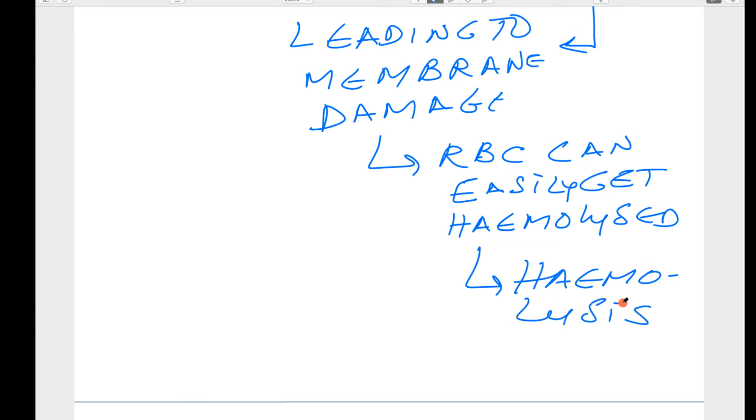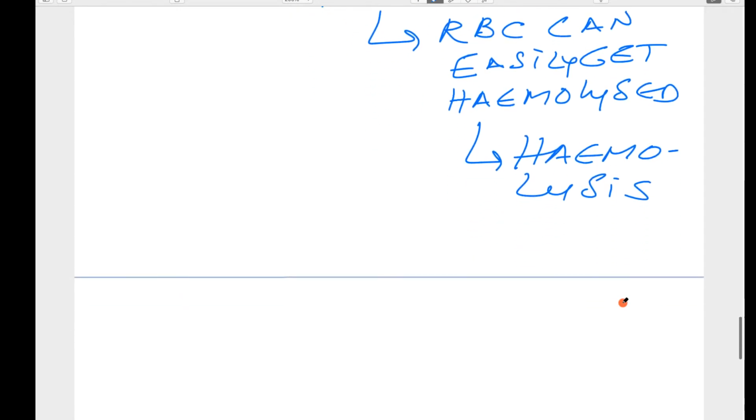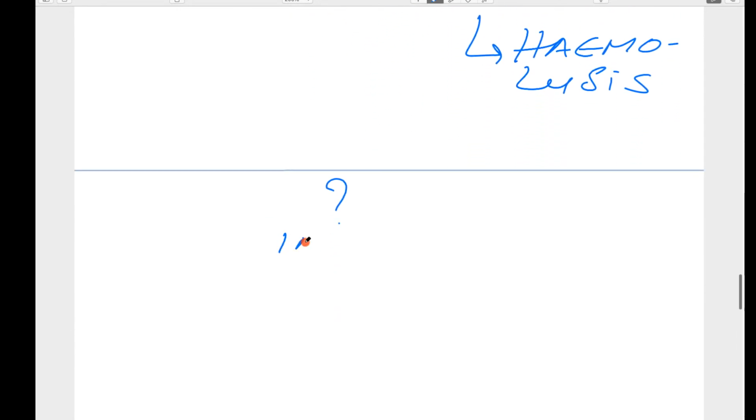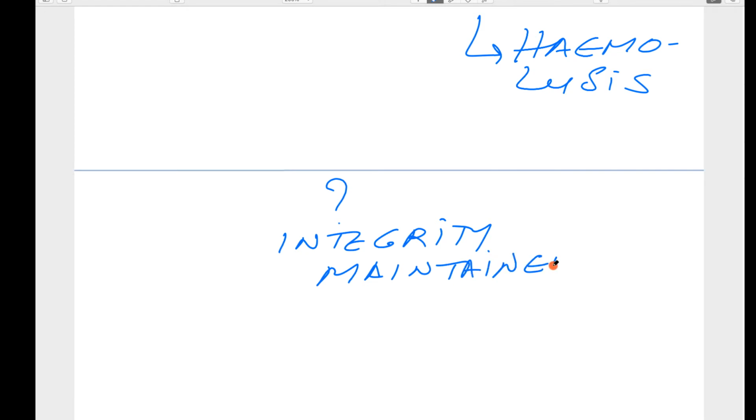Then this is another aspect: how can this be prevented, how is RBC membrane integrity maintained? Very interesting. How is NADPH useful in this case?